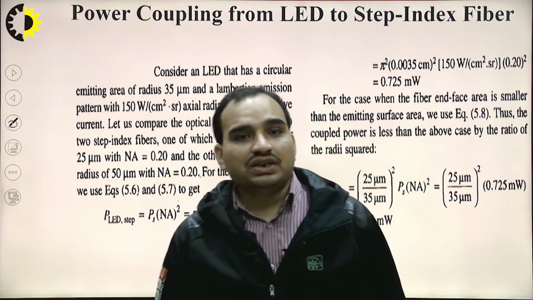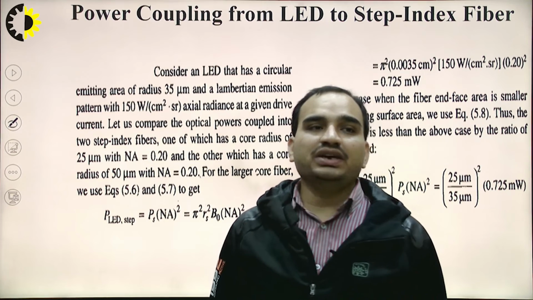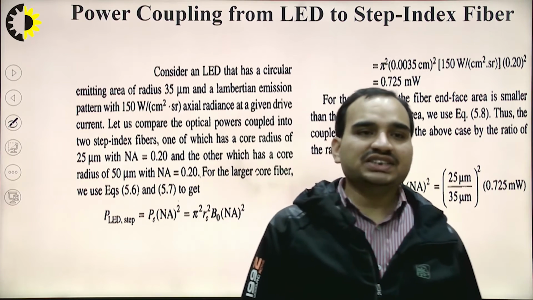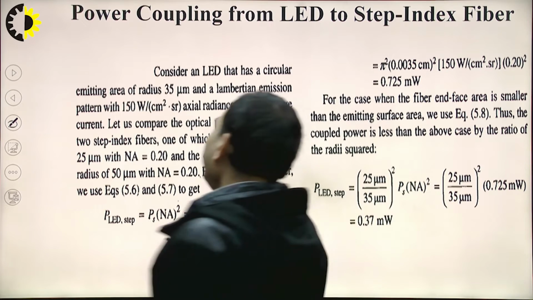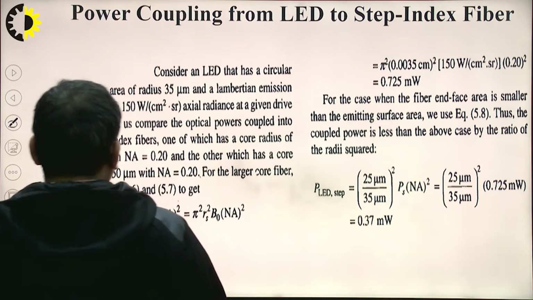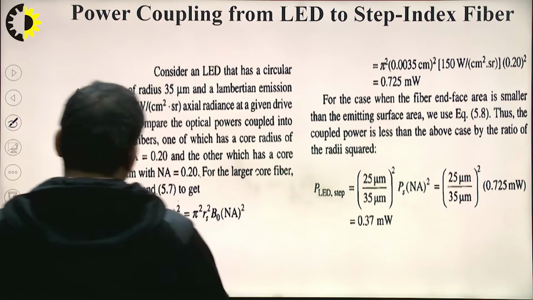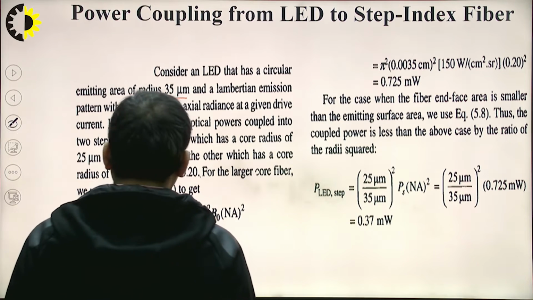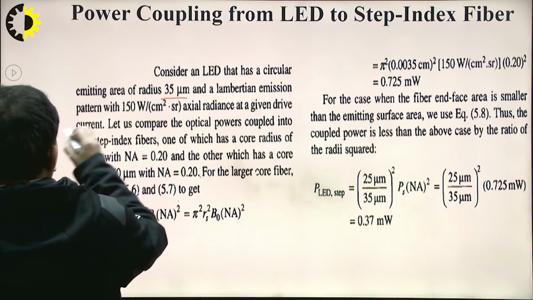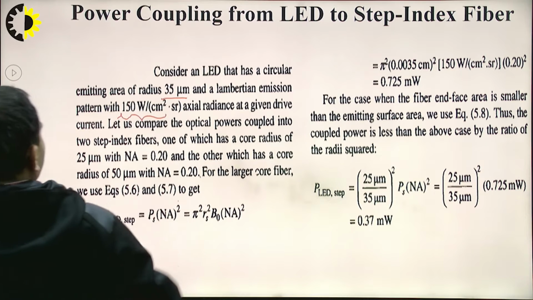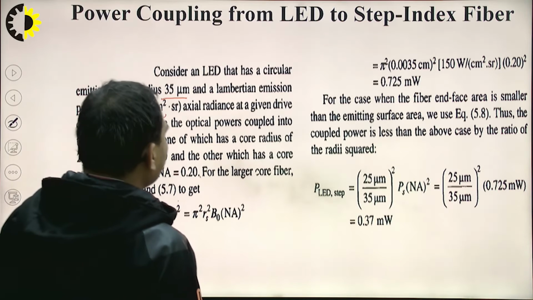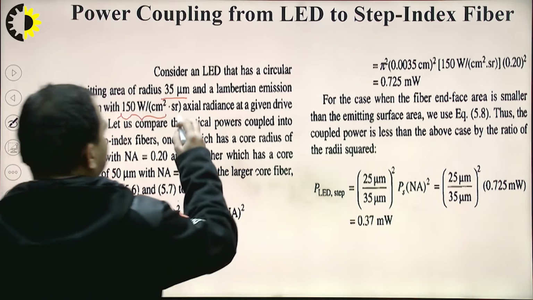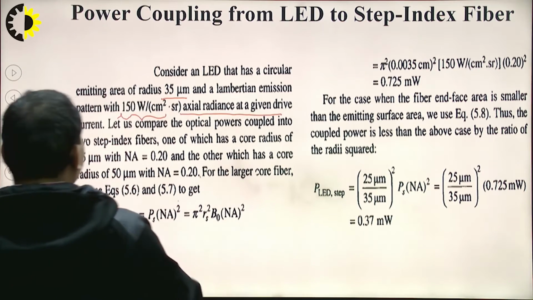So let's solve this numerical for the power coupling from LED to the step index fiber. Let's consider an LED that has a circular emitting area of radius 35 micrometers and a Lambertian emission pattern with an axial radiance of 150 watts per square centimeter at a given drive current.